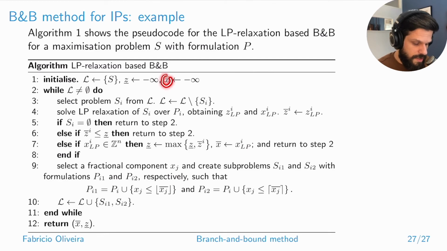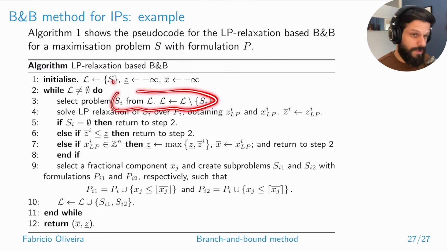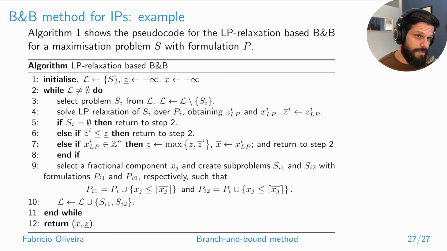We call this the incumbent solution, which stores the best solution found so far, and it's filled with garbage in the beginning. And while the list is not empty, we select a subproblem to solve. The first iteration, we have to solve the only subproblem there, which is the relaxation, and then we remove it from the set.